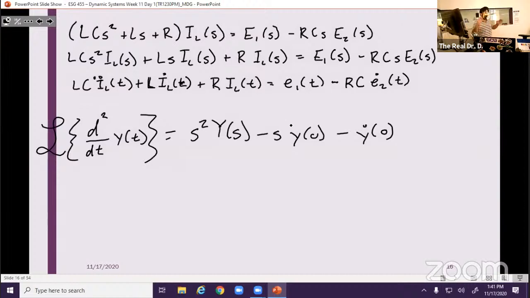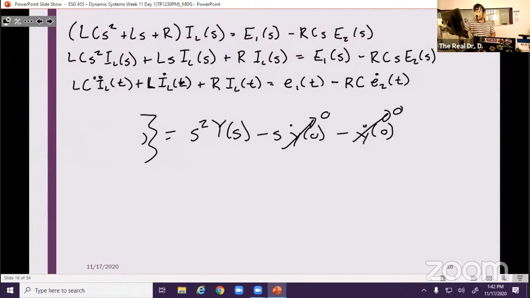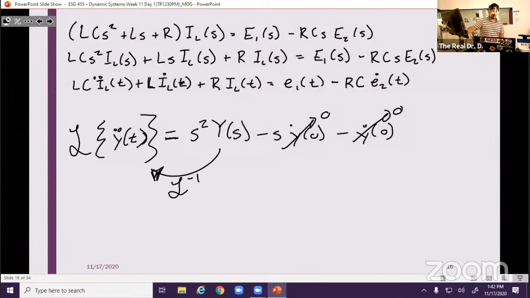So if I wanted to take the inverse Laplace of this, where I know my initial conditions are 0, instead of writing it like that, which is sloppy and gross looking, it just becomes this. So if I wanted to go back when I know the initial conditions are 0, the inverse Laplace is just going in this direction. So that's the missing step. We're just inverse Laplacing that equation I'm getting.